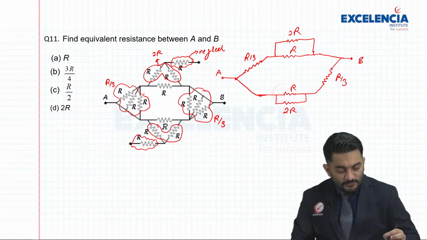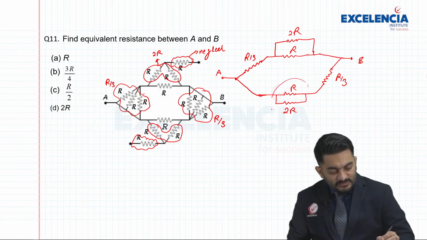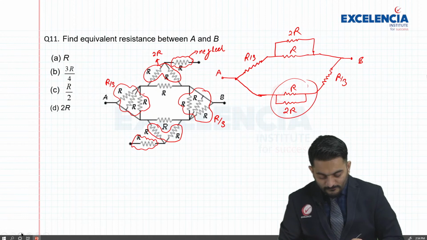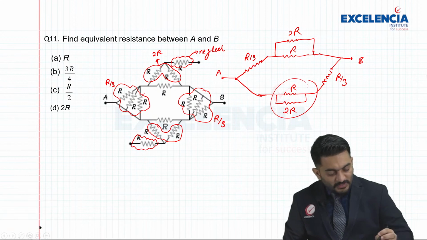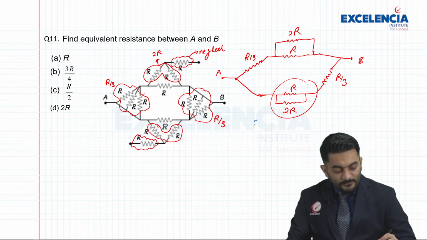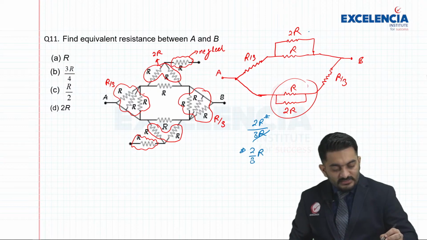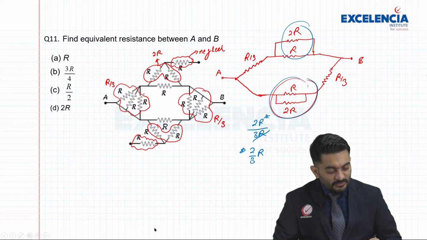Okay, what we can do, guys, we need to calculate between A and B. This part you can again solve. If you solve this part, R and 2R are in parallel, what will you get? 2R square by 3R, you can cancel, your answer will be 2R by 3. The same thing you are going to get over here. So I think you can remember this particular part.